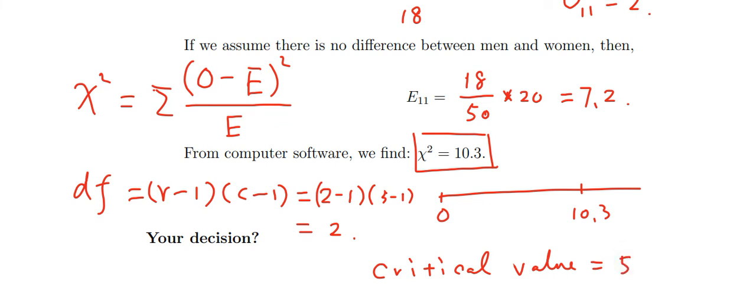Use that as the standard. So this is small, this is big. So 10.3 is a big number.